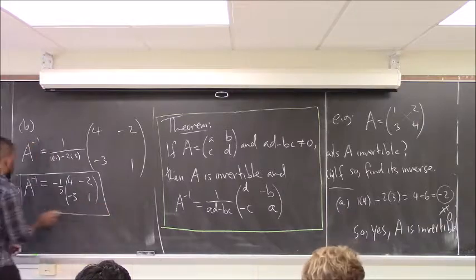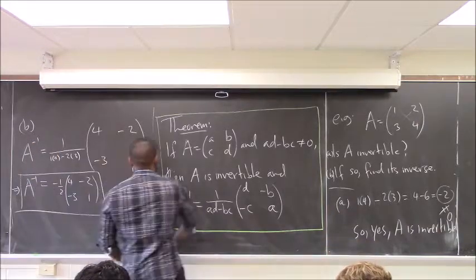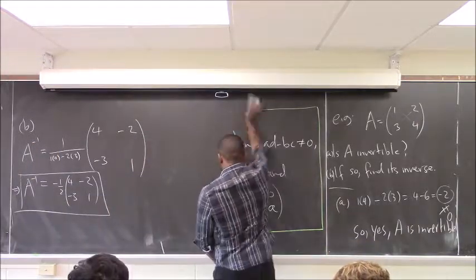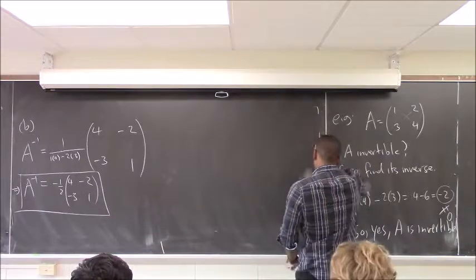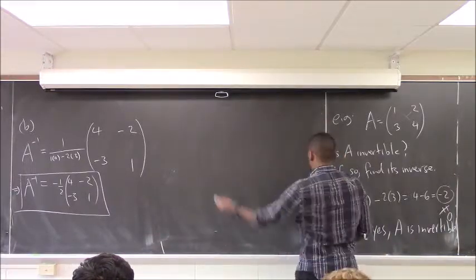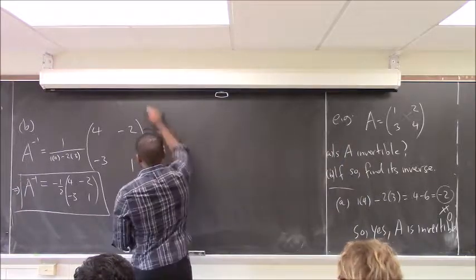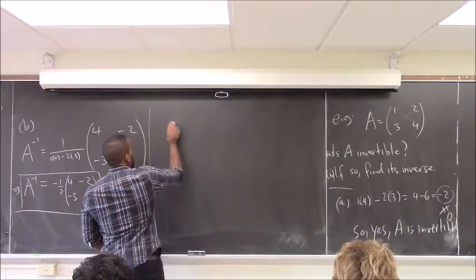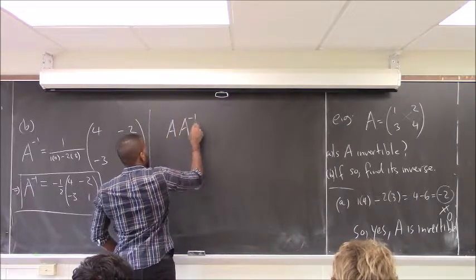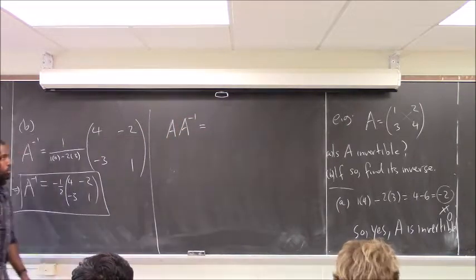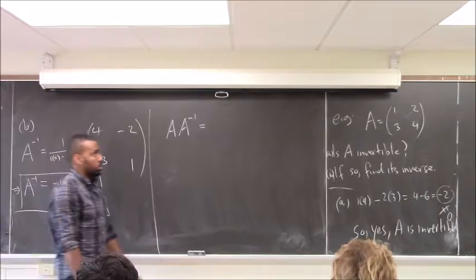Now, we can check this to verify. If that is in fact the inverse, and this crazy thing that I just derived is actually working, what we will notice is that if I take A times the inverse, that should give me the 2 by 2 identity. Let's actually see.